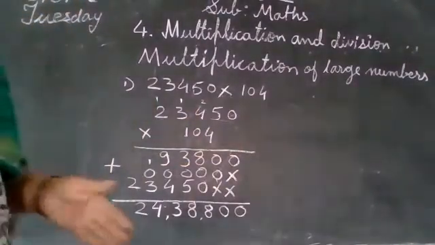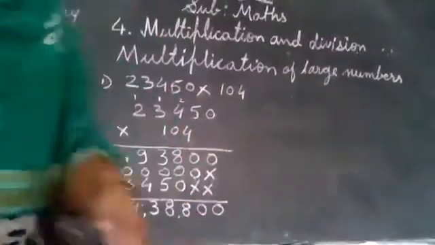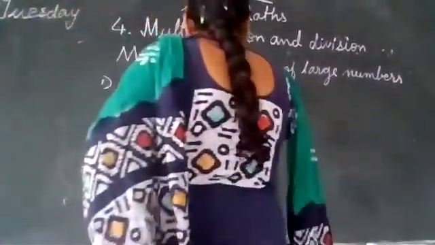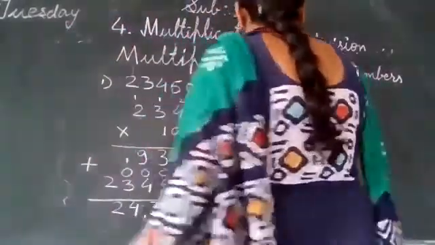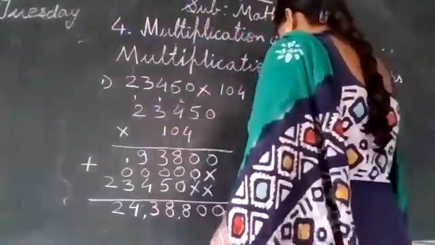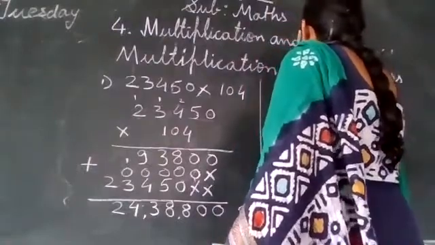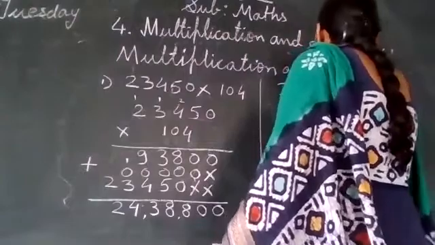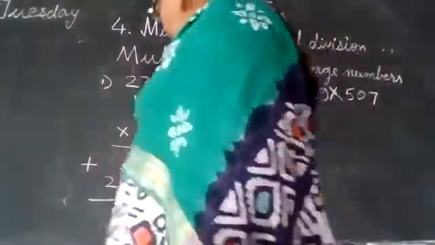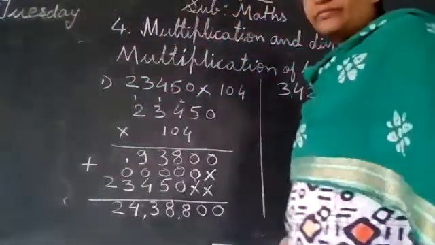Now let us see one more example. 3,429 multiplied by 507. Again, we will arrange all these numbers vertically.